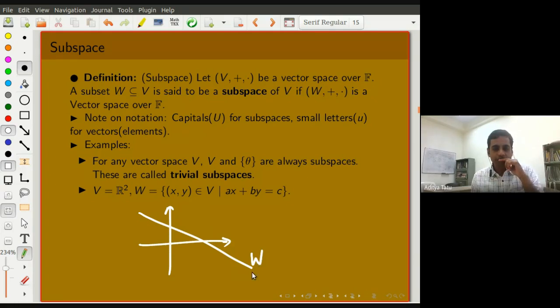If I take this element, let's call it U, 0 times U is what? This has to be theta, right?